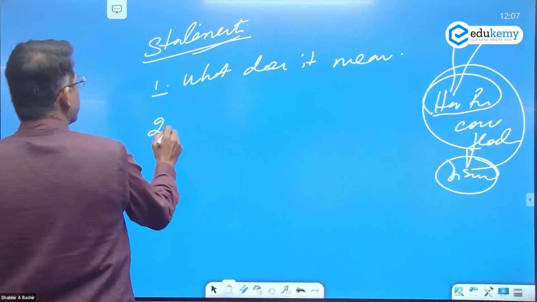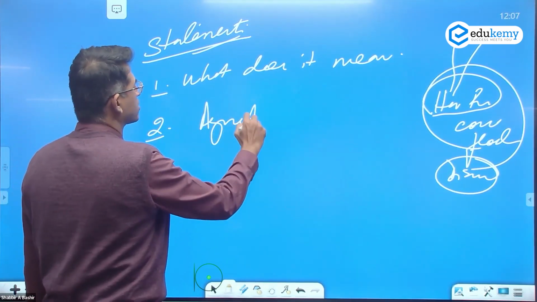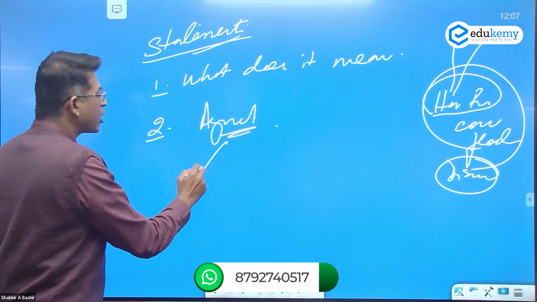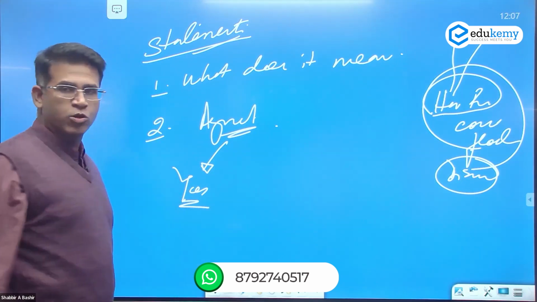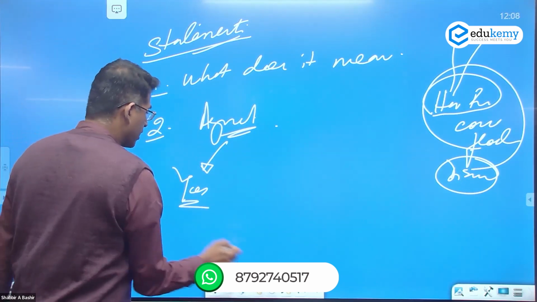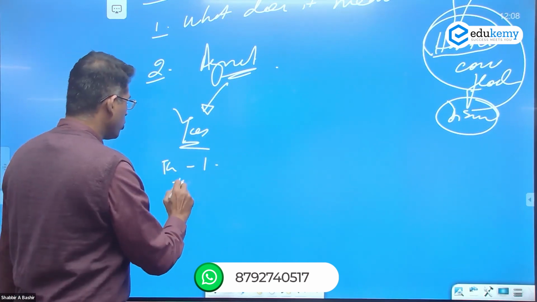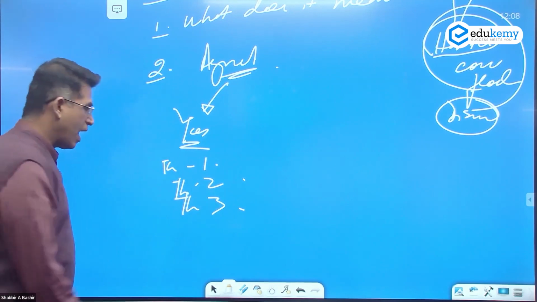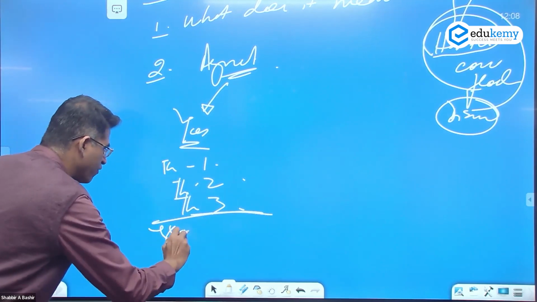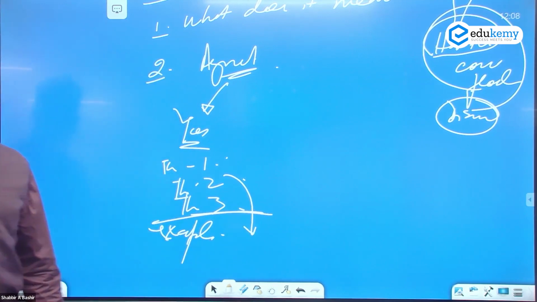The next will be, now the argument starts. One part of the argument will be, yes, this looks right, because theory 1 says so, theory 2 says so, theory 3 says so, and we also have examples in support of the theories.